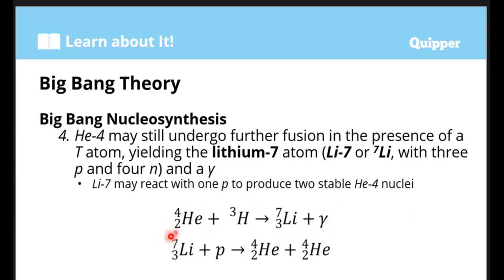But when this lithium 7 is being added with a proton, it might yield two helium 4 that are being combined. And this is the byproduct as we break down this lithium 7.